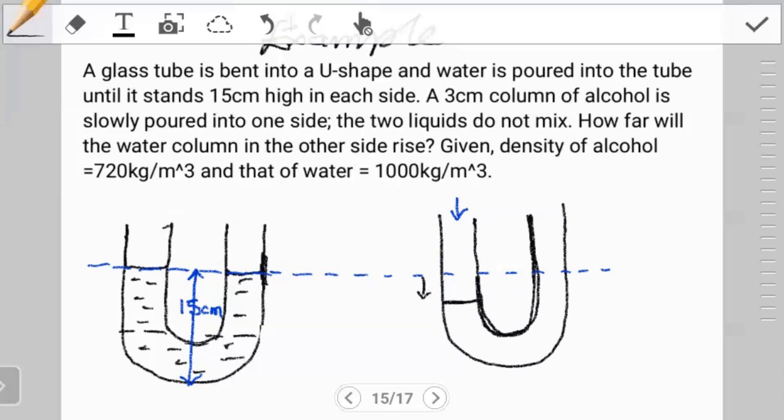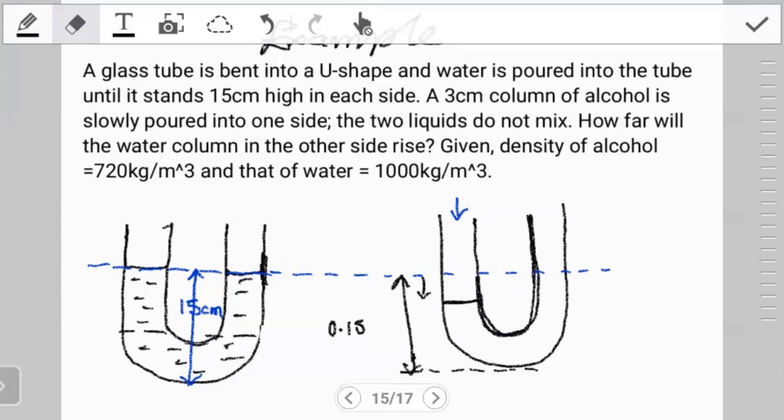Now the thing is, initially the water level this side was 15. So measured from the base, the water level was 15 centimeters. In meters, of course, that's 0.15. You can still work with this question in centimeters to come out correct, but if you're not sure when it's okay to work in centimeters and when it is not, you're better off sticking to the standard units, the meters in this case.